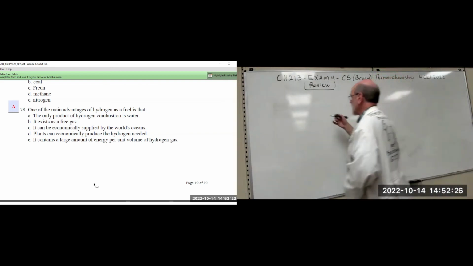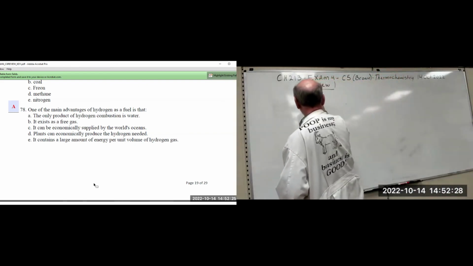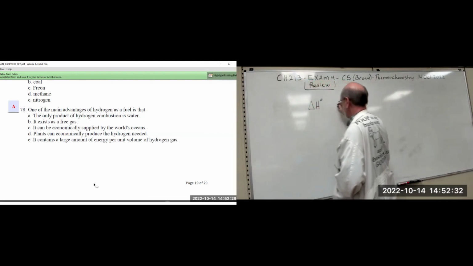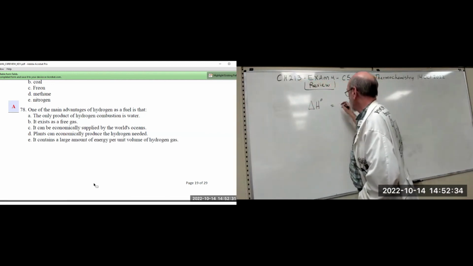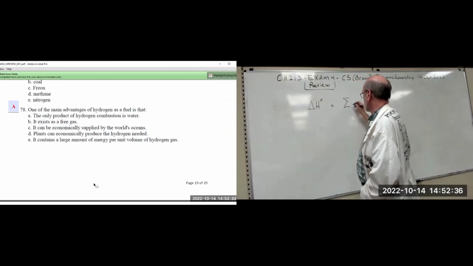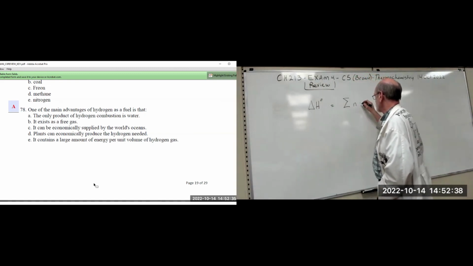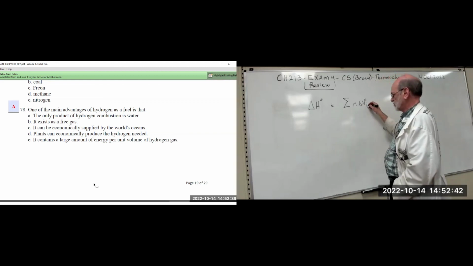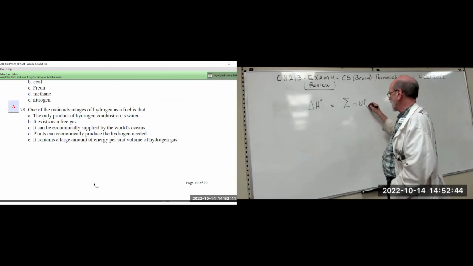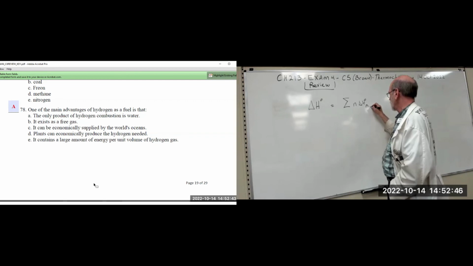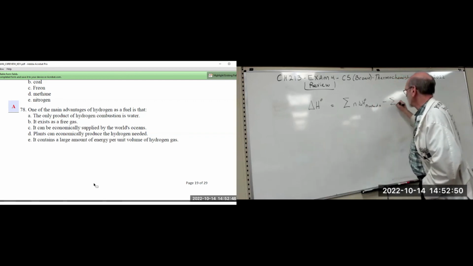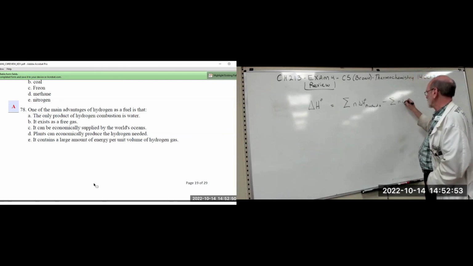Right, if you want to know the delta H for overall for a reaction, then you need to take the summation of all the delta H's for products and subtract the heats of formation for the reactants.